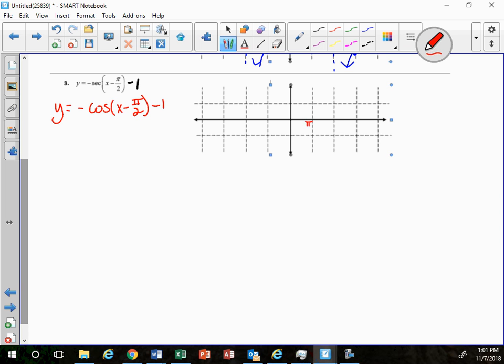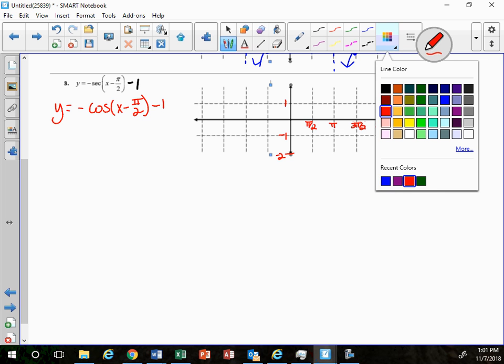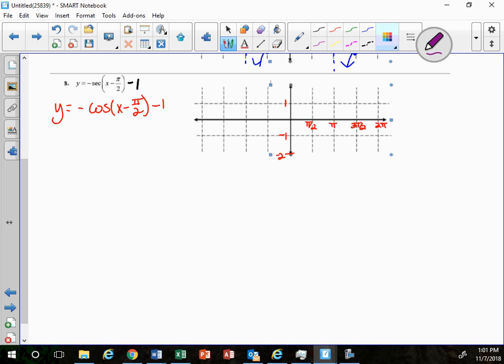So back to the labels of pi over 2, pi, 3 pi over 2, and 2 pi. I'm going to go ahead and do the negative and cosine first, and then I'll do the shifting of the points after that.